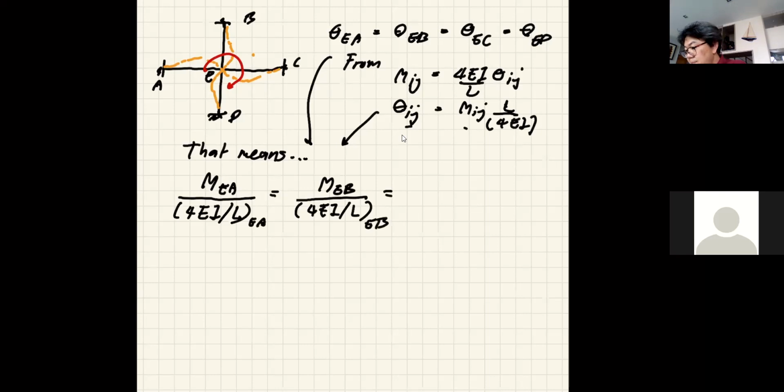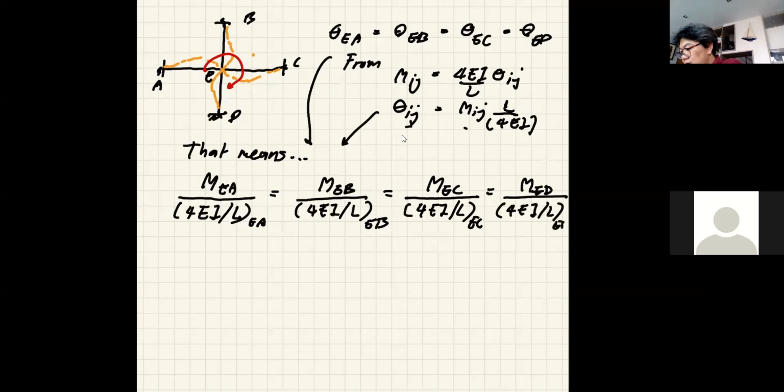This shall be equal to MEC over 4EI over L of member EC, and of member ED, 4EI over L of ED. So this is from this equation by substituting the value of zeta.